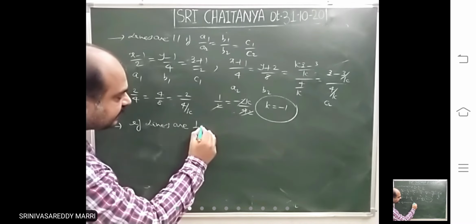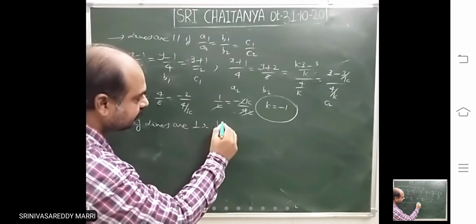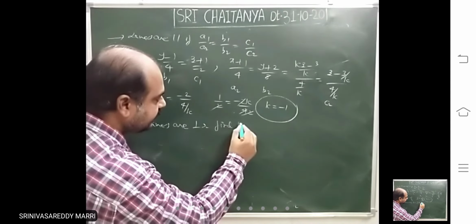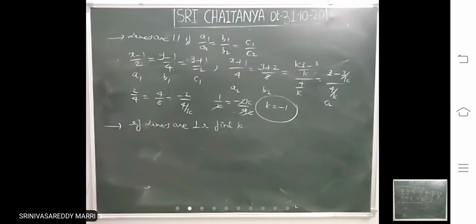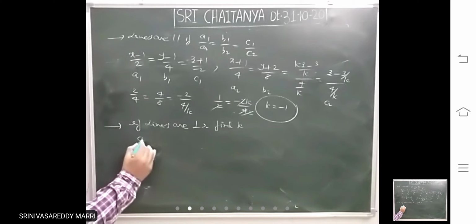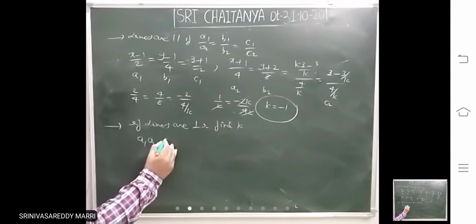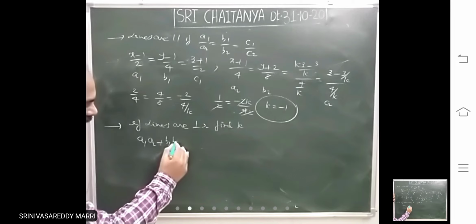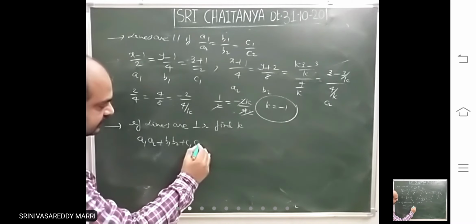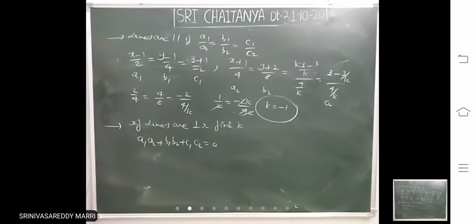Suppose the same question, if lines are perpendicular, find K. If lines are perpendicular means A1A2 plus B1B2 plus C1C2 equal to 0.